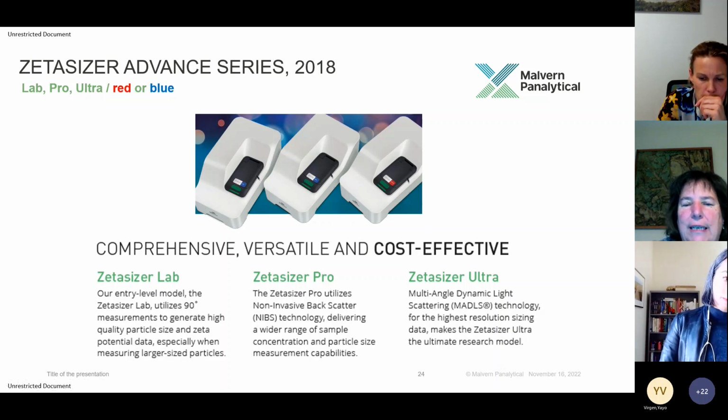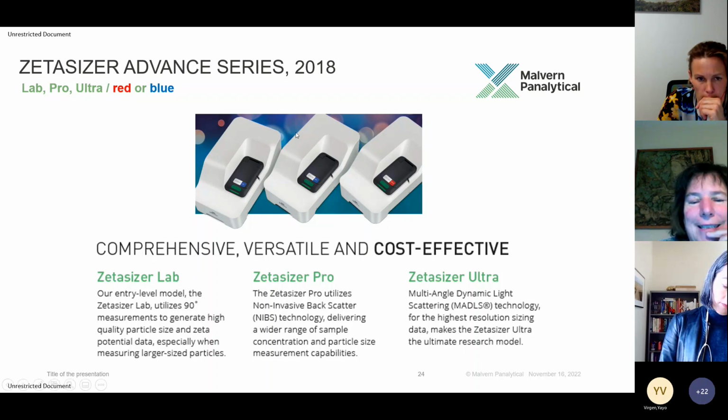So we've created a system that allows you to make size measurements over a broader range, even though you're running in 90 degrees. We're still offering a Pro, which is just backscatter, exactly like the Zetasizer Nano ZS or S. And then we've also added what's called an Ultra, which includes the backscatter, the 90-degree, and still the forward scatter, which is used for zeta potential, but can be used for sizing.